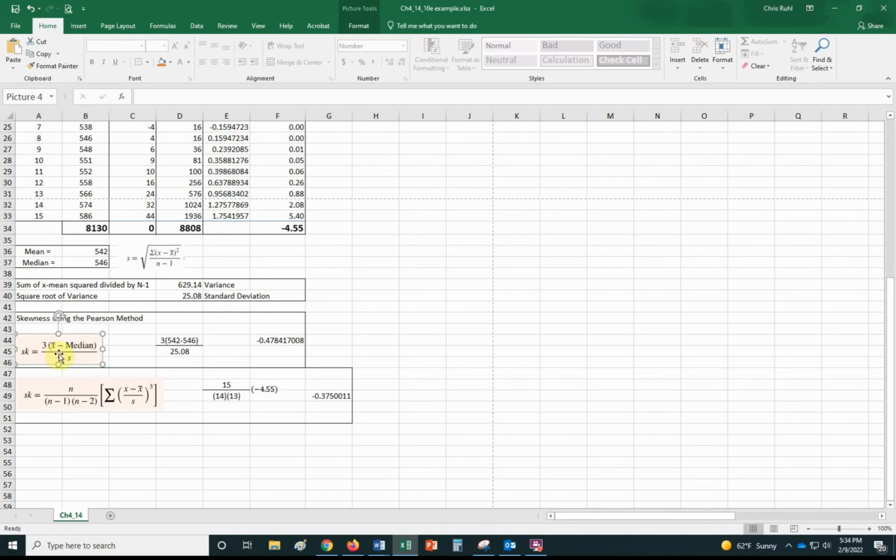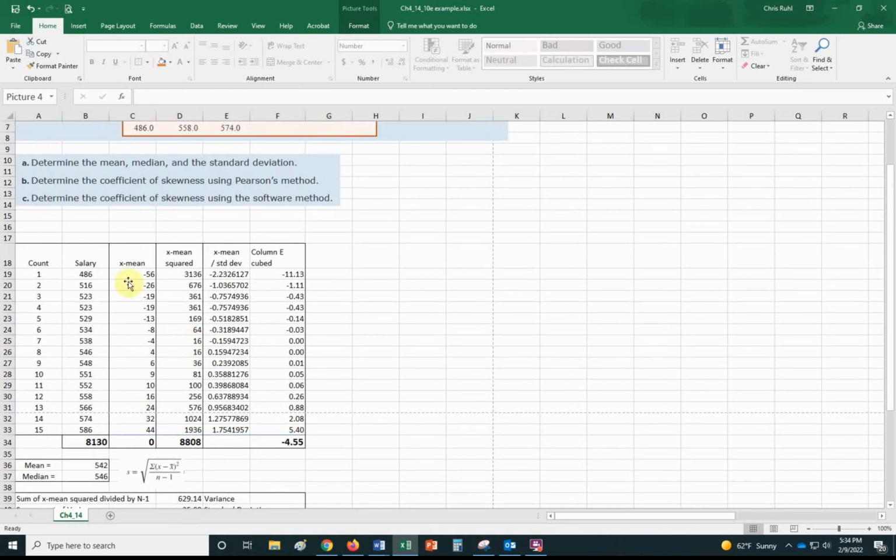It's equal to 3 times the mean minus the median over the standard deviation. 3 times 542 minus 546 divided by 25.08, and you get a skewness coefficient of negative 0.478. That's B. C, determine the coefficient of skewness using the software method.